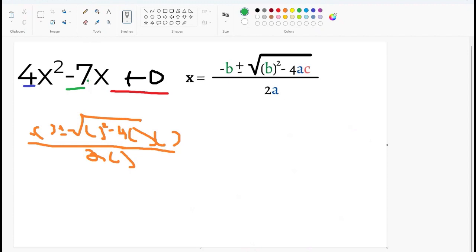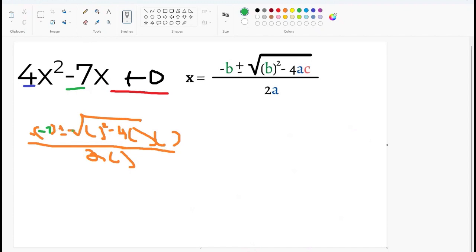No, because it's -1 times b, which is -7. It's -1 times -7. It's not like because there's already a negative in the b, you don't count the negative here, right? It's negative times -7. Okay, it's not just -7.